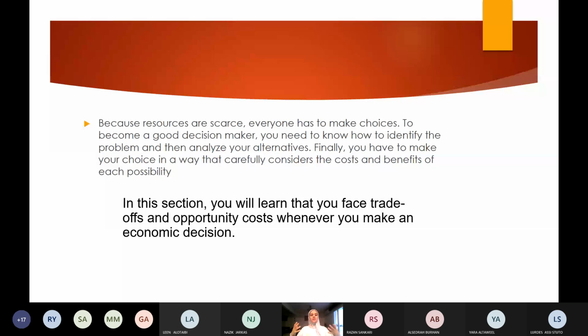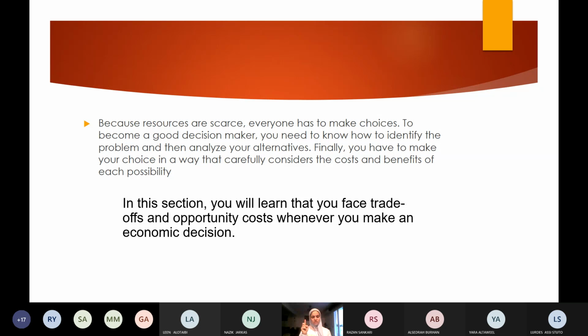So when I want to make a decision, I look at the costs, what I will pay, and the benefits, what I will gain. So you will learn that you face trade-offs and opportunity costs. We will learn them now. Whenever you make a decision, you learn two things.